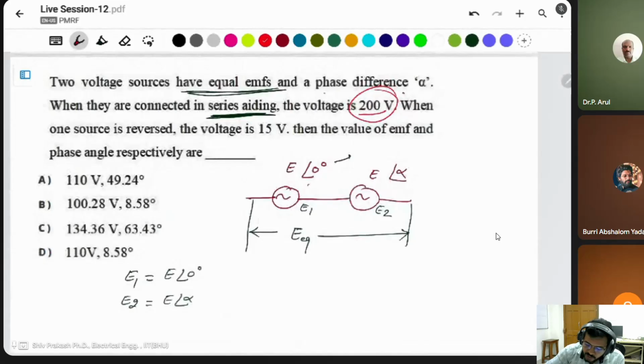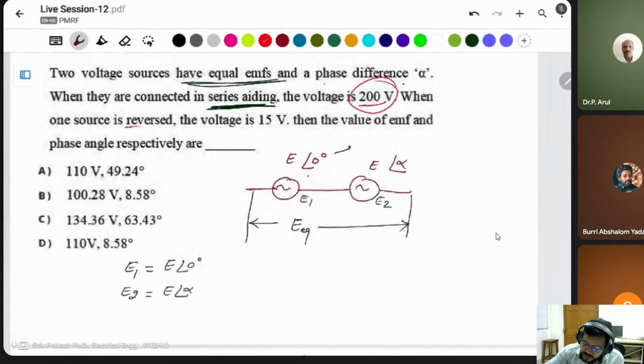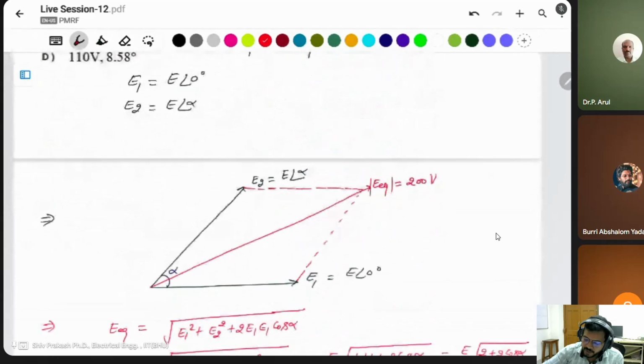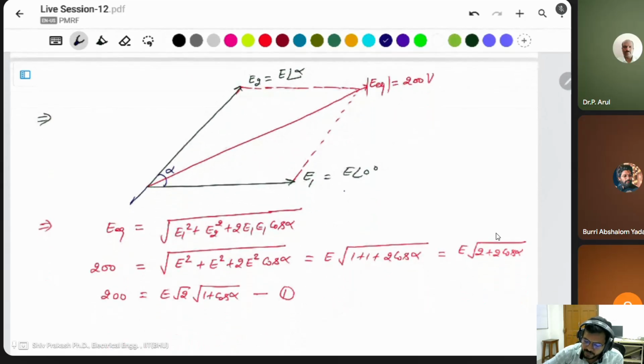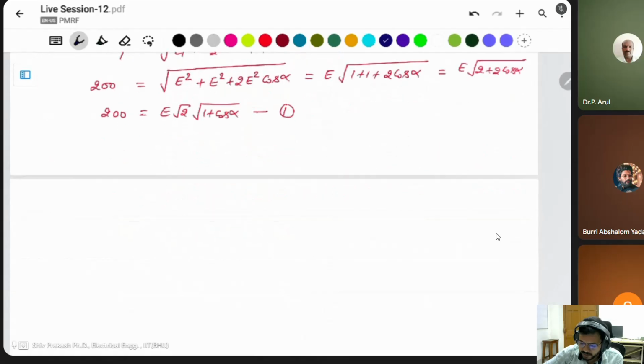The second condition is when one source is reversed. E1 stays the same, and E2 is reversed to the other direction.